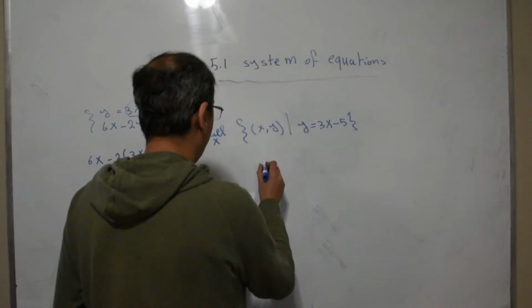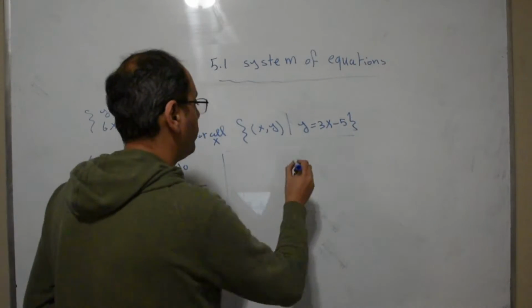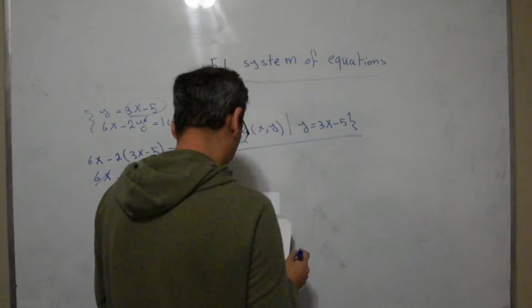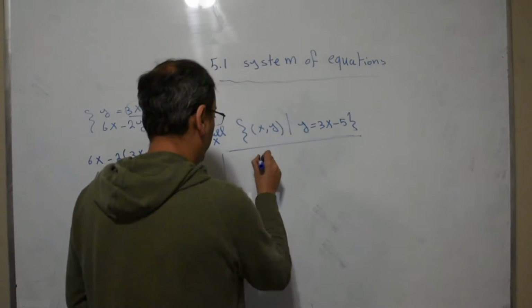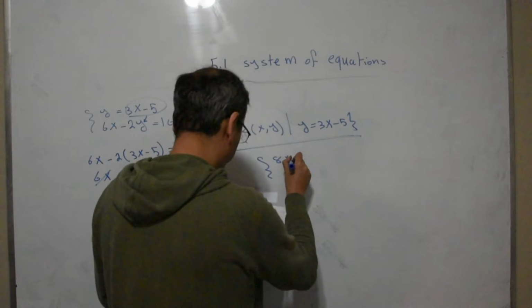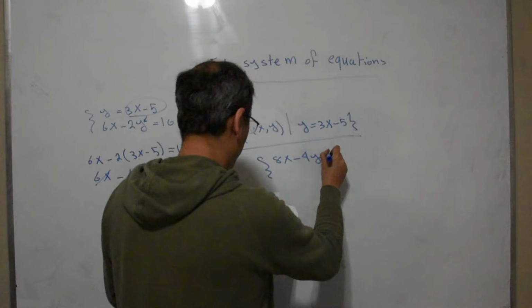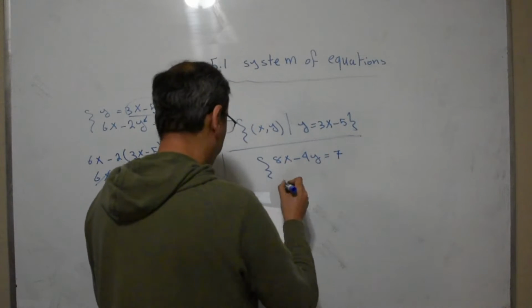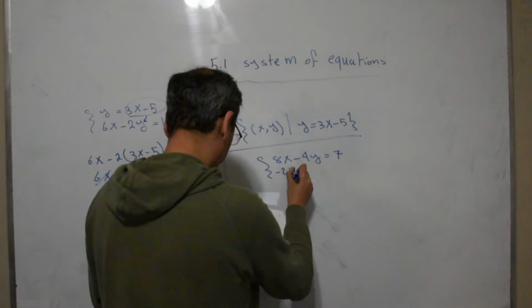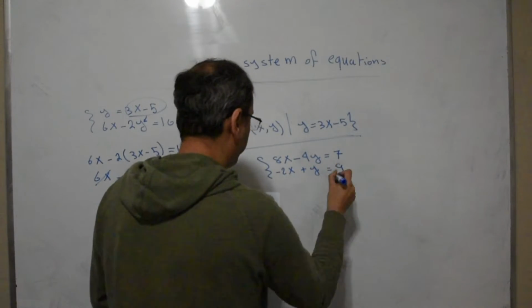Okay, we want to solve this example. I have the system of equations 8x minus 4y equals 7 and negative 2x plus y equals 9.